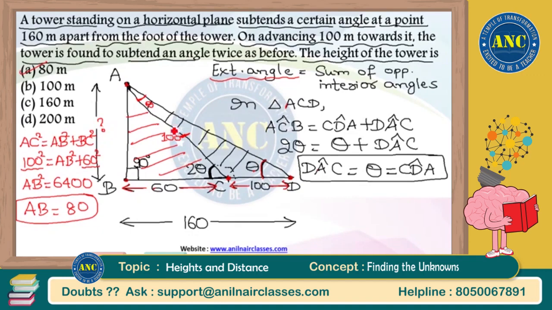I found this side AC by using the exterior angle property, and I proved that this triangle ACD is an isosceles triangle, and therefore two angles are equal, two sides also will be equal. And I got the answer very easily.